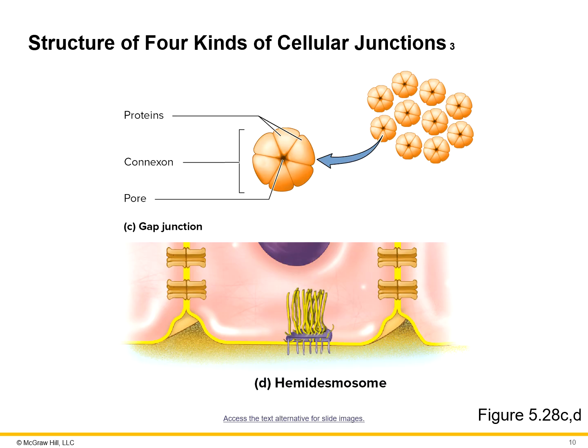This is a nice zoom in of the gap junction, so you can actually see that pore, how it creates like a tube in the middle of the connexon. And then that was a close up of the hemidesmosome. That's going to anchor the basal surface to the basement membrane.